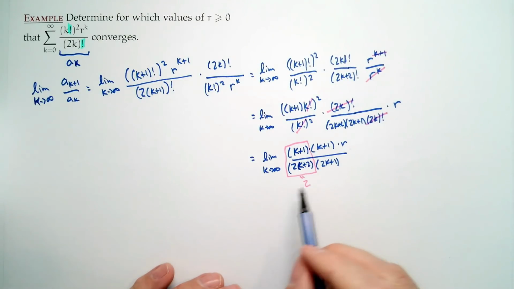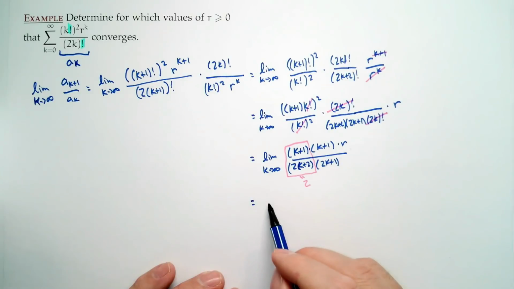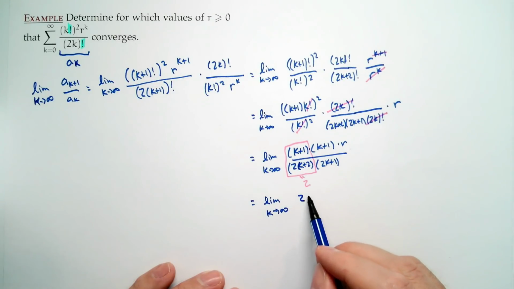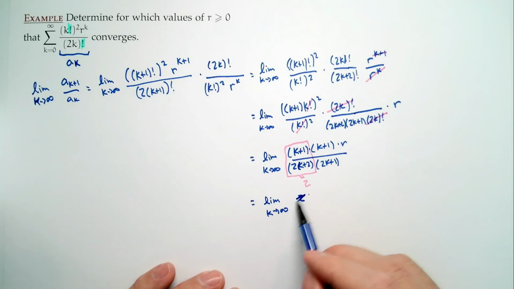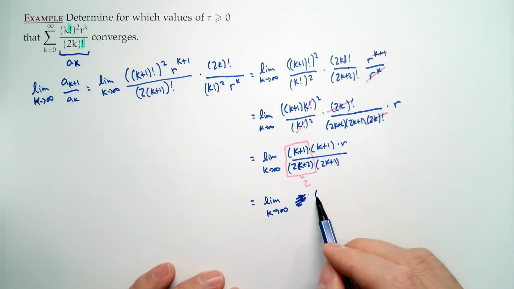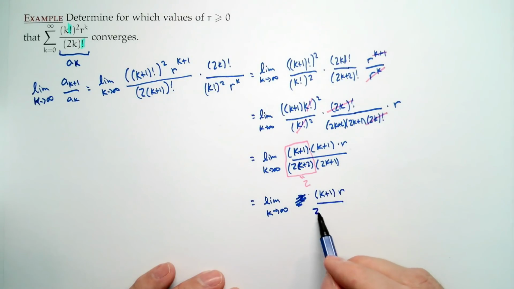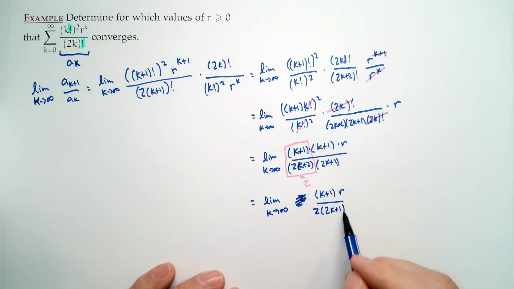So we have that part equals 2, so we have a limit as k goes to infinity of 2. Let's be careful, Steve. Okay, k plus 1 times r. Downstairs we have 2 times 2k plus 1.